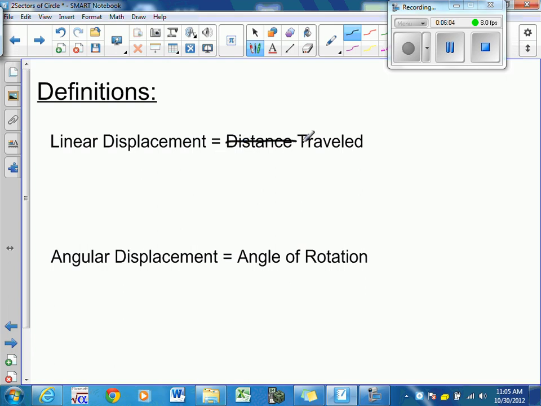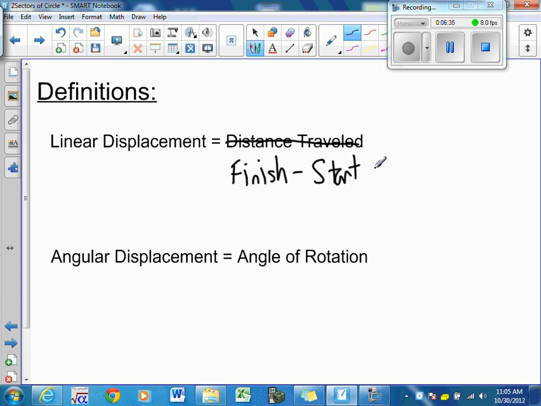Imagine track for a second, and you ran the 400 meters, and you went all the way around the track. Where you finished minus where you started, your linear displacement would be 0, because you're at the same place you started. Now, if you ran the 100 meters and you went from the start line to the finish line, that's a straight line. That would be 100 meters.